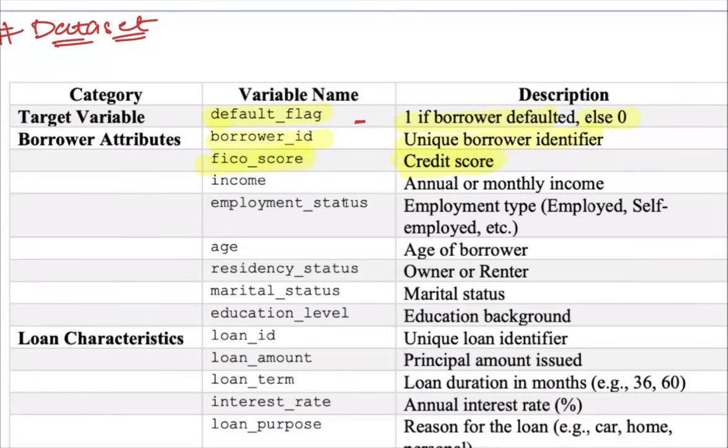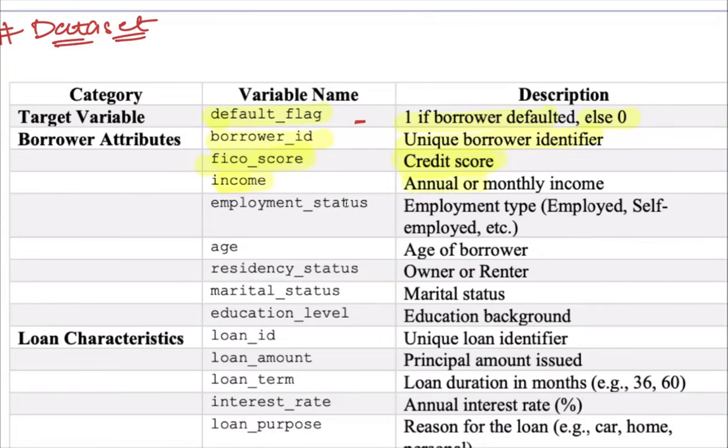It tells you what your historical performance was on any credit. If you have used a credit card for shopping and paid all the money, that will improve your credit score. If you have taken an education loan and repaid all the amounts at a proper time, then your credit score will improve.